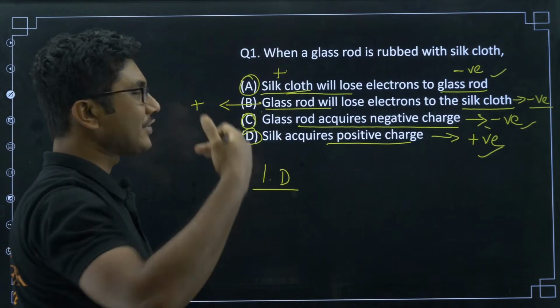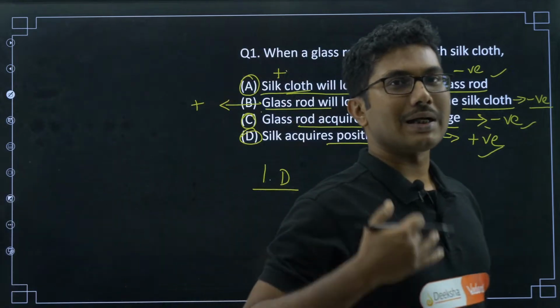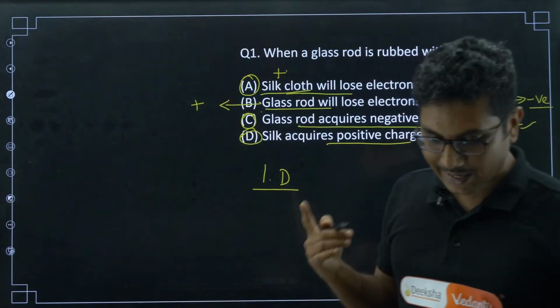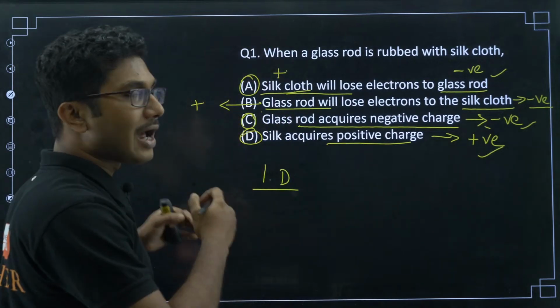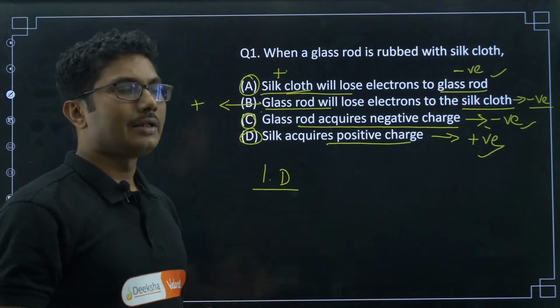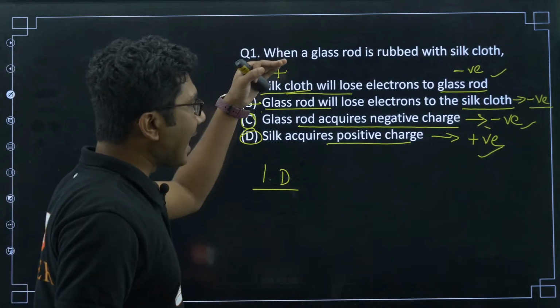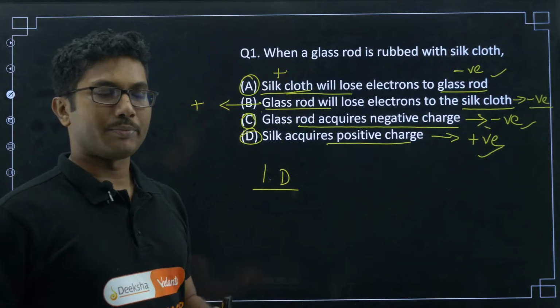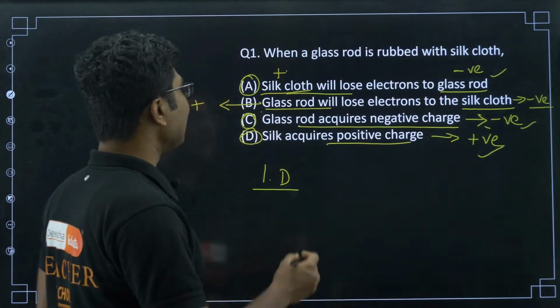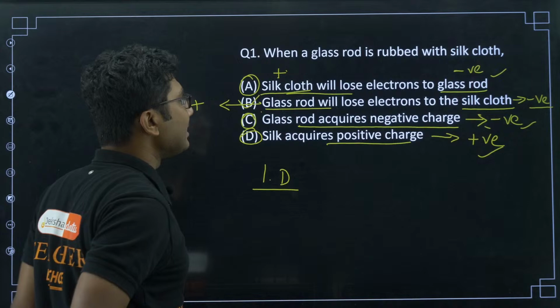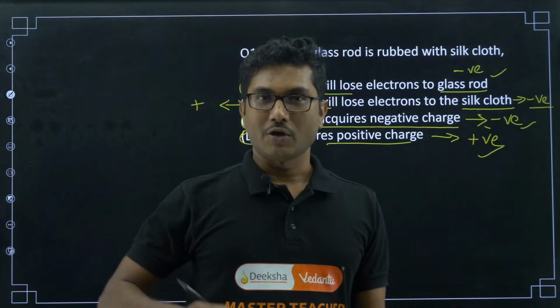Now, one question cannot have multiple correct answers, only one answer can be correct. So, even if you do not know that glass rod is positive and silk cloth is negative, you can still analyze the options one by one, because you get a lot of time to answer these questions. So, basically you can say that option B is the correct answer, not option C.